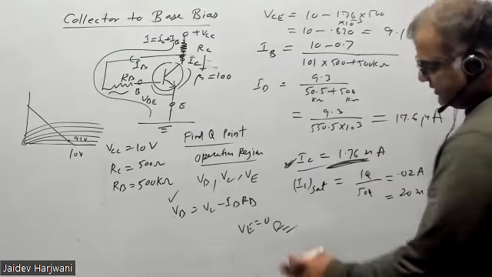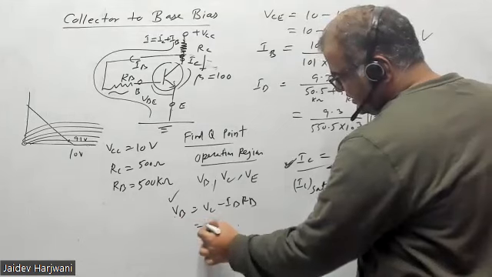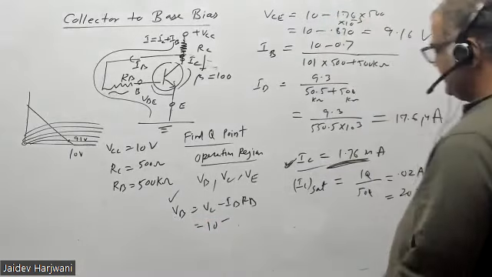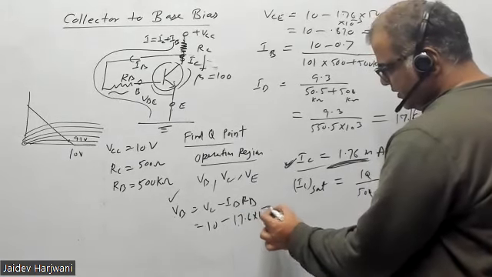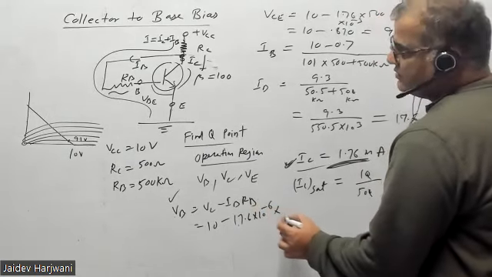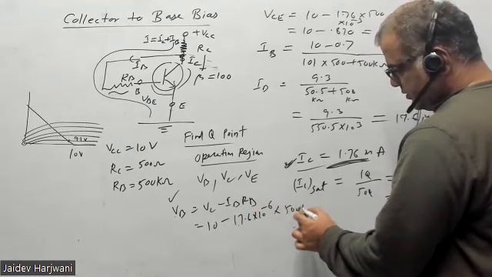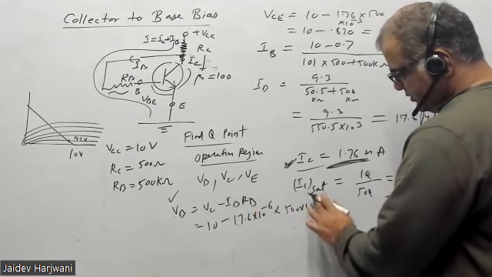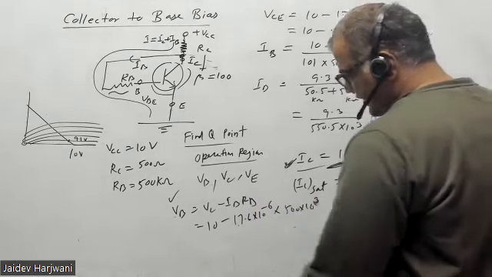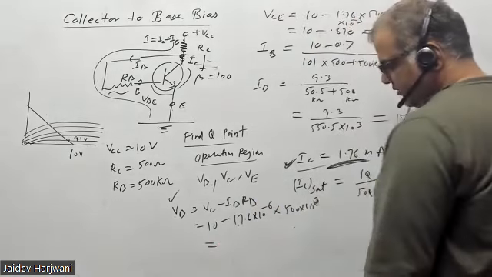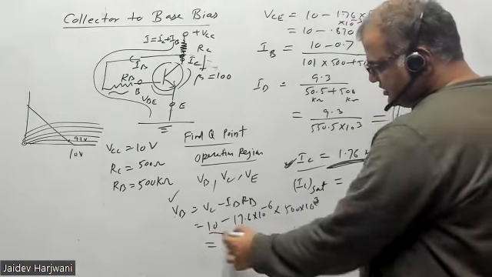So VC is your 10. IB is how much? IB is 17.6 microampere. And RB is your 500 kilo ohm. Okay, kilo ohm, 10^3. So tell me how much is coming, this difference.